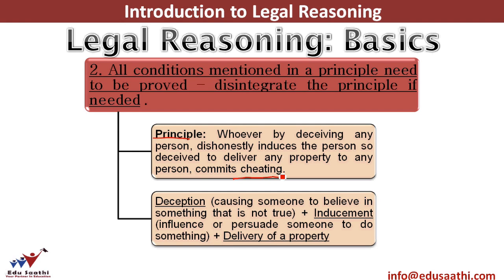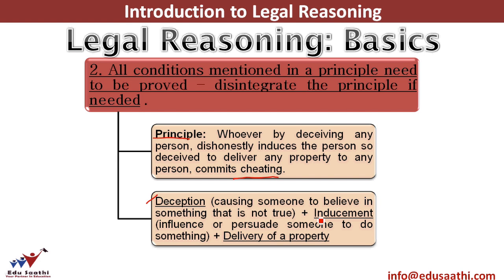There are three ingredients in this principle. First is deception, causing someone to believe something that is not true. If I make you believe that I am knowledgeable enough to teach you, but I'm not, and you believe that, that would be deception.